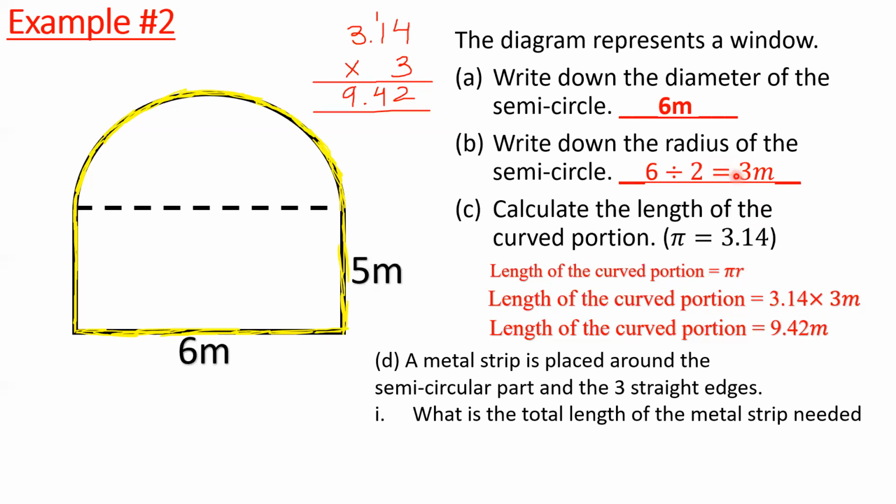What do we say the radius of the semicircle is, according to B? 3. Good. So that's why we multiply 3.14 times 3 to get the length of the curved portion. Do you see that, Joseph? Yes, sir. Good.